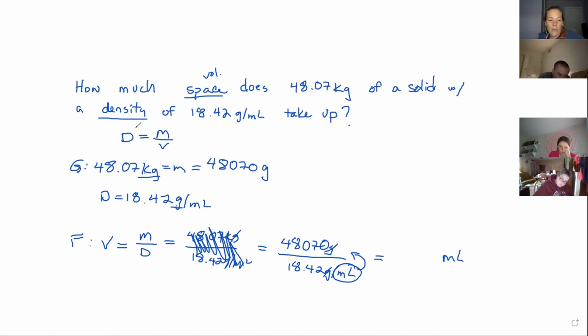We get to have 4 sig figs, 1, 2, 3, 4 there, and 4 there. So we'll go with 2609. The 6 tells the 9 to round up. So it would be 2610 milliliters. And I'm going to put a decimal there to let the reader know that that 0 is also significant.